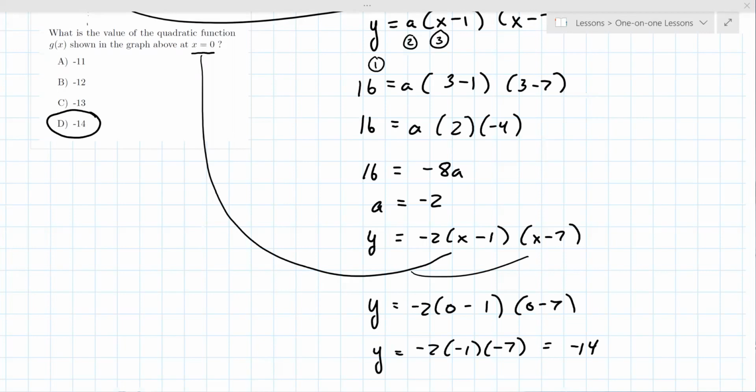All right, I've got a couple here that we can look at. So let me snip this in. We'll look at another question together here.